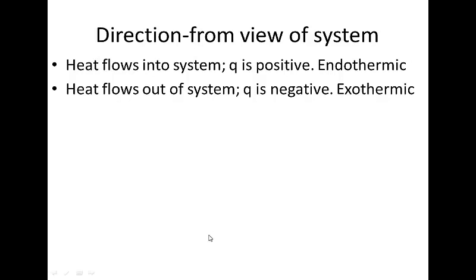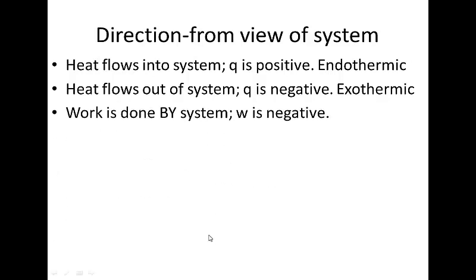A gaseous system. So think in your head a gas balloon. If the gaseous balloon is being inflated, it is pushing against the surroundings. Work is being done by the balloon, by the system.